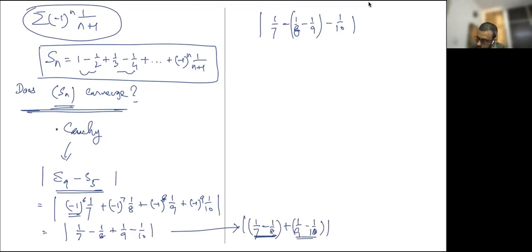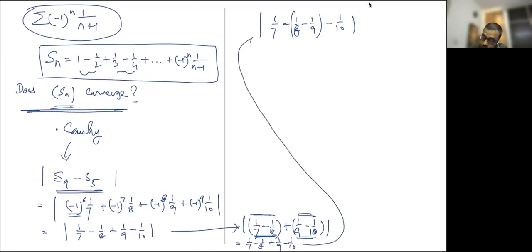That means you can actually get rid of the absolute value outside. This is fine. The expression inside, if we group them like this, both are positive quantities. So you can just get rid of the absolute value sign outside.